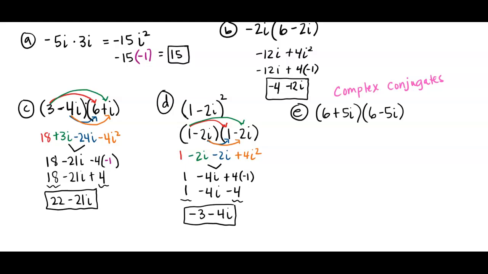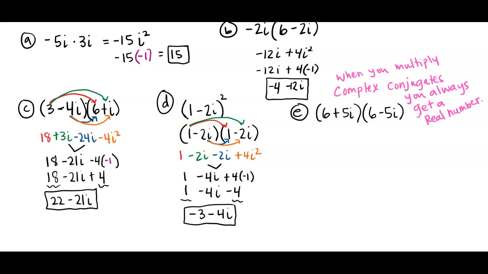And whenever you have complex conjugates, when you multiply complex conjugates, you always get a real number. That's kind of the cool thing about these complex conjugates.